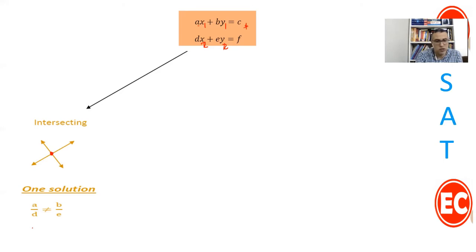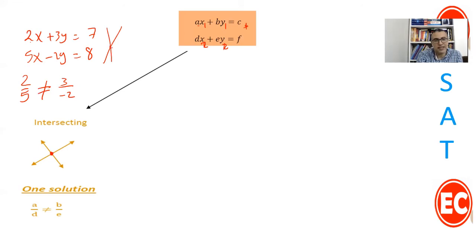They are not equal in ratio. Example: 2x plus 3y is equal to 7, 5x minus 2y is equal to 8. By dividing 2 by 5, I am sure that it's not equal to 3 over negative 2. So these two lines intersect.